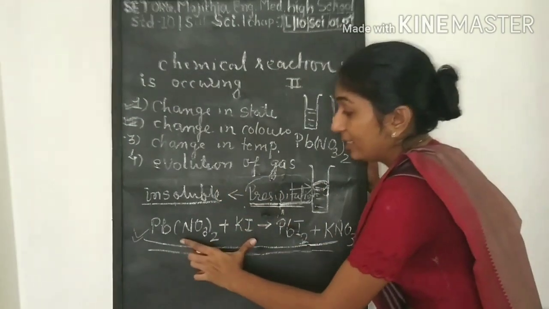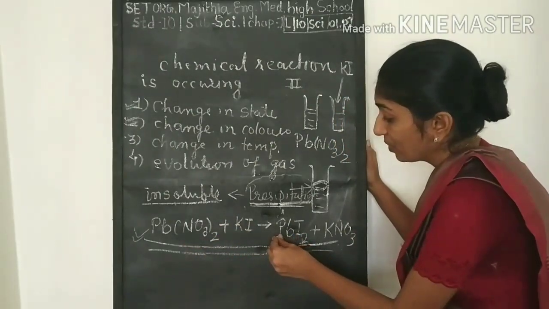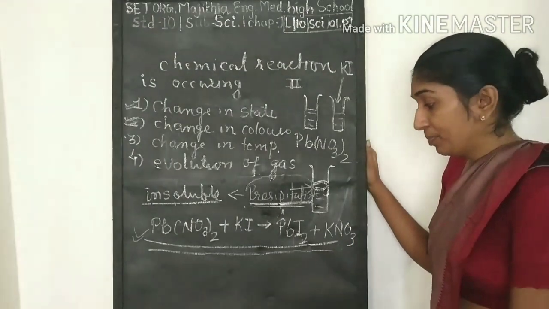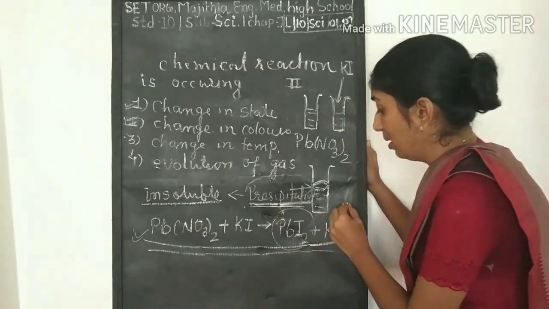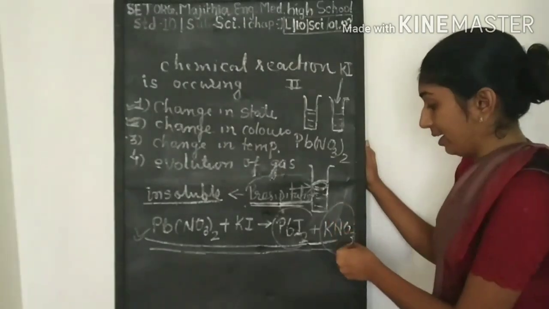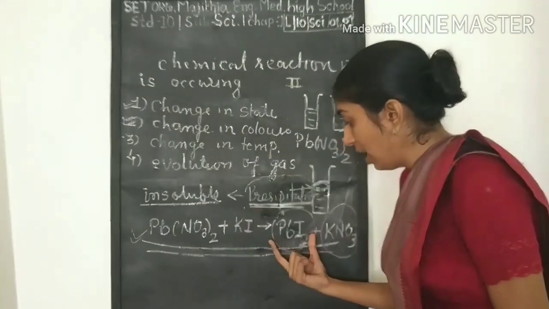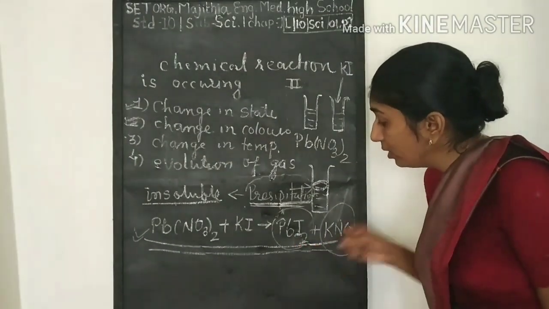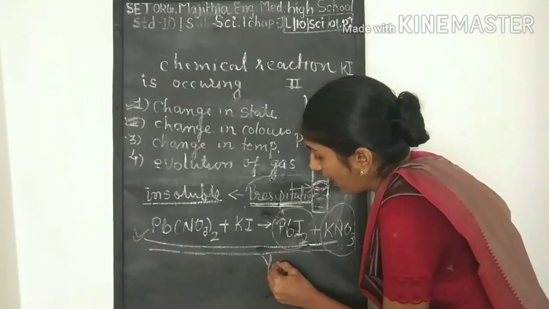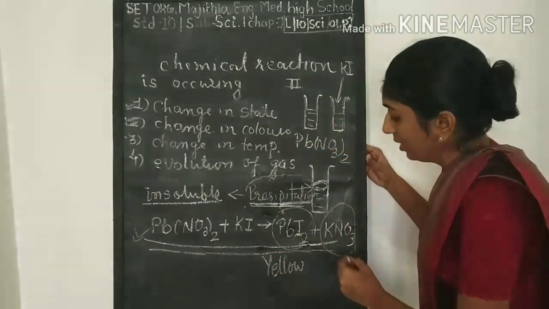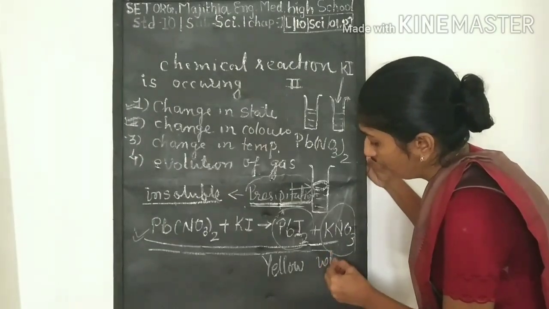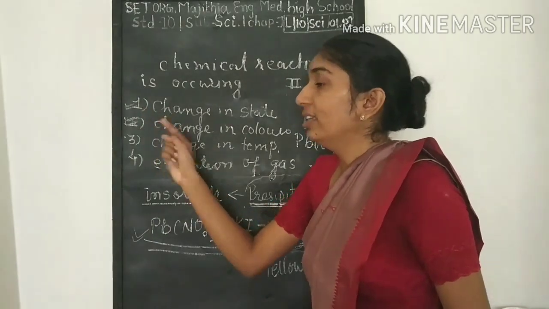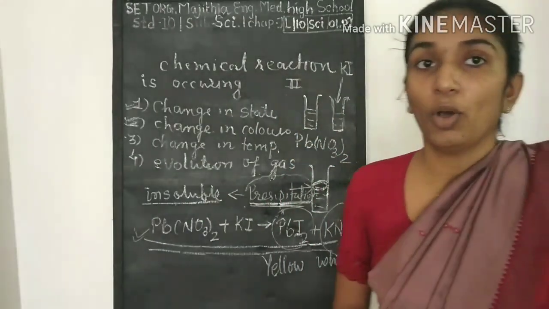And after mixing these two together, we are getting PbI2 plus KNO3, that is lead iodide plus potassium nitrate. PbI2 would be yellow colored and KNO3 would be white. So again there is a change in state and change in color that you will observe.